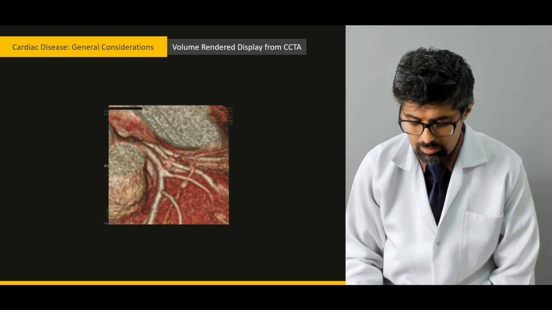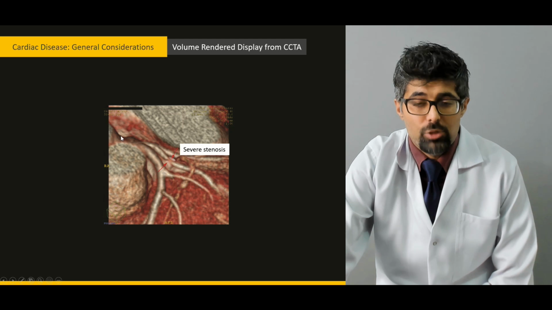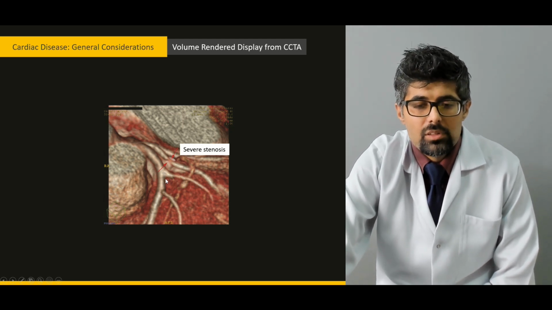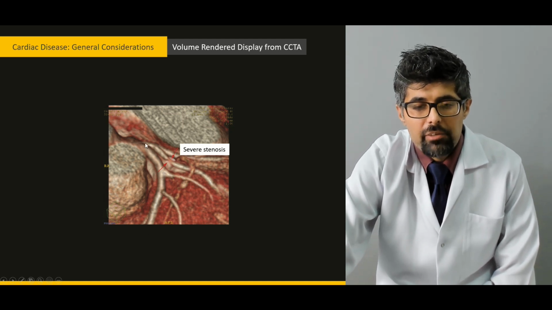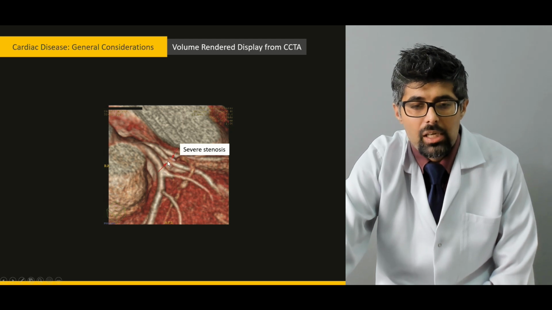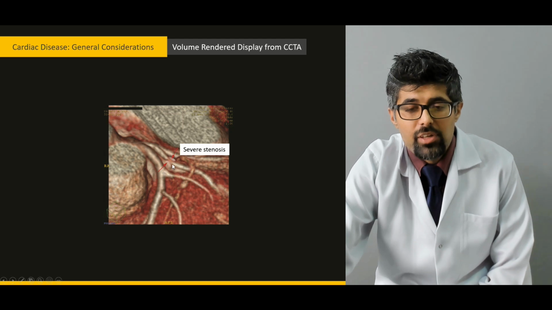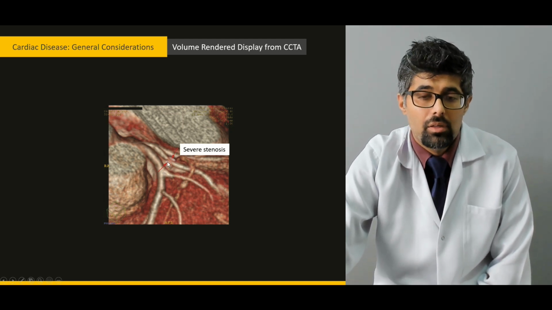So in this image, which is volume rendered, this is the left descending artery, and this one is the left circumflex artery. Now the main circumflex artery is suffering from severe stenosis at this point right here.